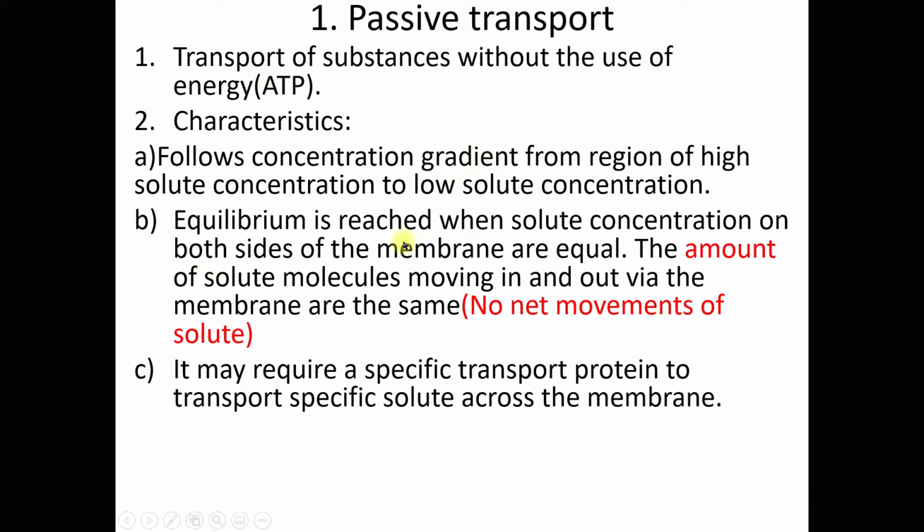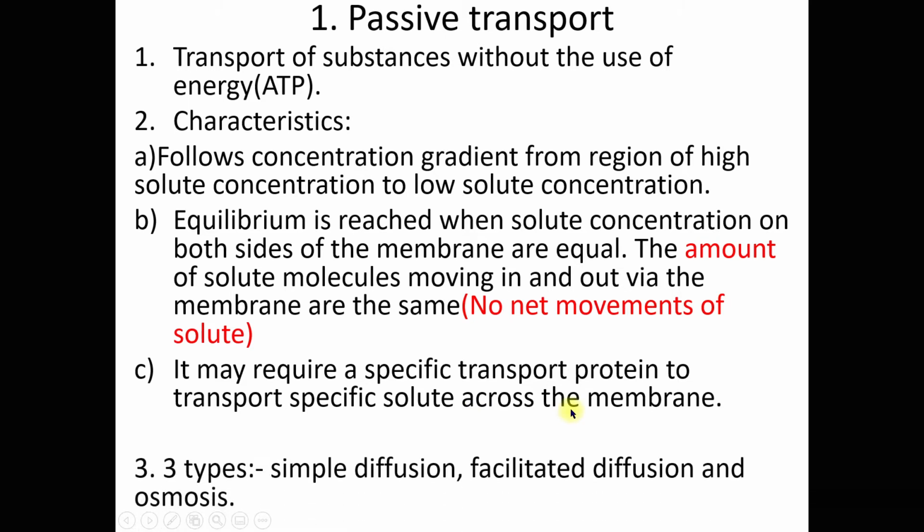Now, this passive transport may require a specific transport protein to transport a specific solute across the membrane. So that's why the passive transport that may require a specific transport protein is categorized as facilitated diffusion, diffusion yang dibantu.